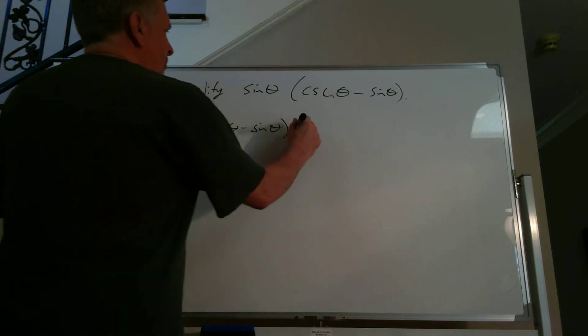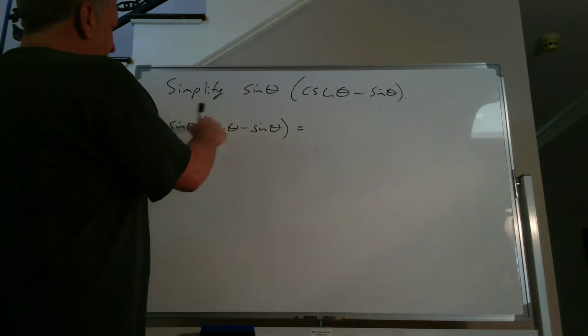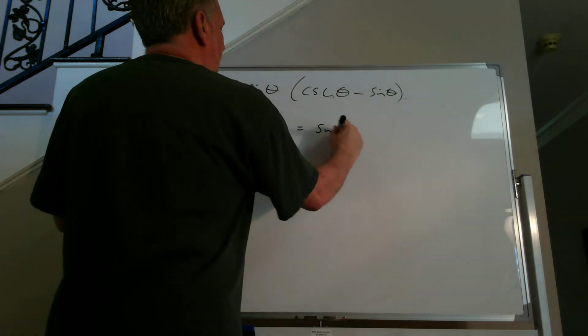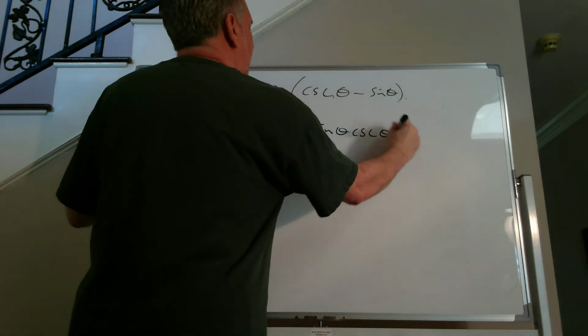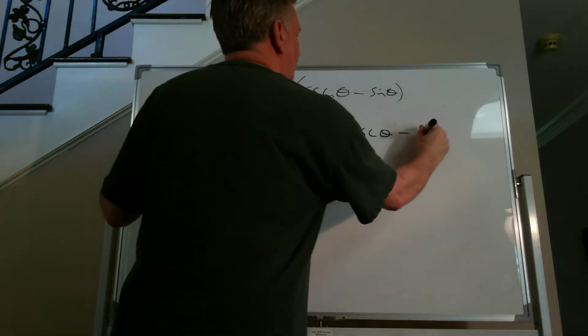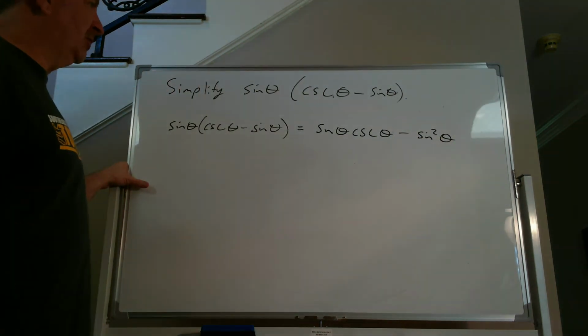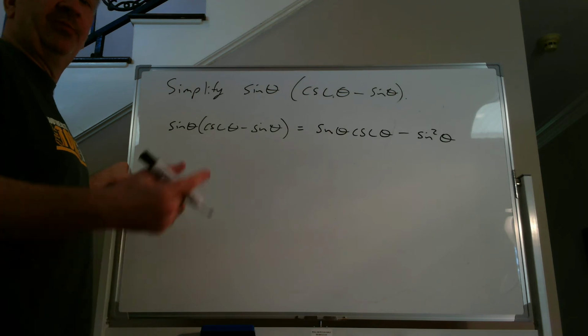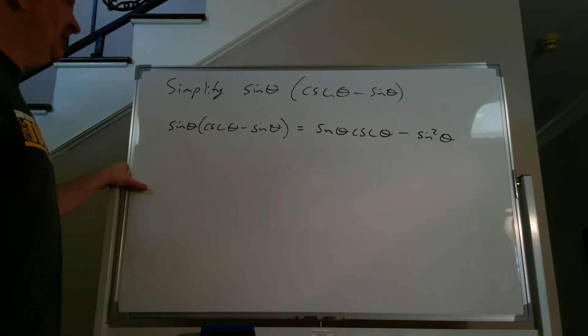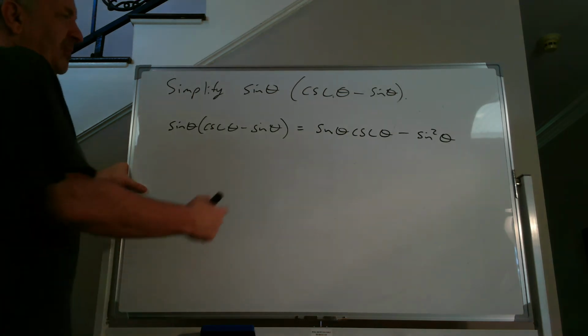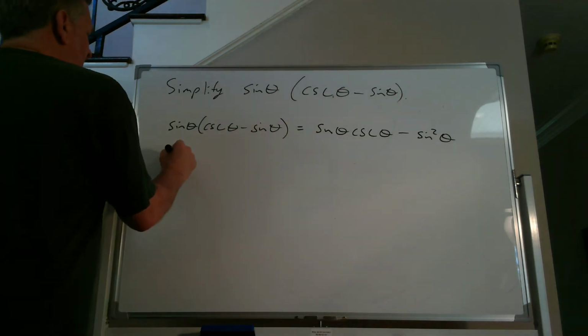I'll just distribute, just to do something. So if I distribute, I get sine theta cosecant theta minus sine squared theta. I know that looks worse. Sometimes it looks worse before it actually simplifies. Okay, now I'm going to change the cosecant in terms of sines.